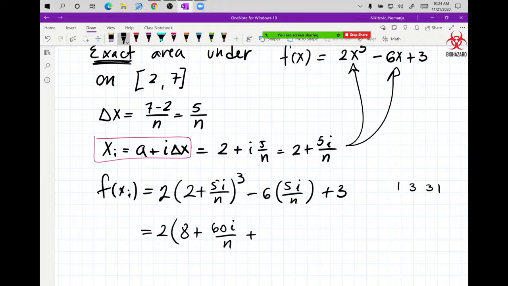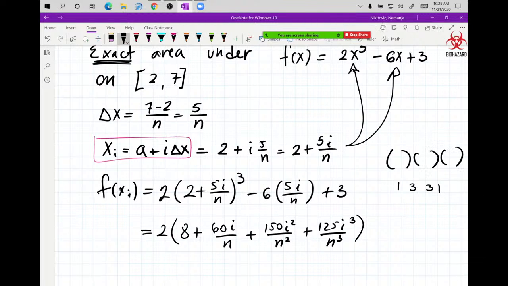So that's 25 times 6, 150, i squared over n squared. Plus 125 i cubed over n cubed. If you have no clue what I just did, I expanded this one in one shot instead of multiplying it 3 times. If you don't know the expansions of binomials, then go ahead and multiply it on a side 3 times. I know the expansion, so I don't have to go through those horrors of multiplying everything forever.